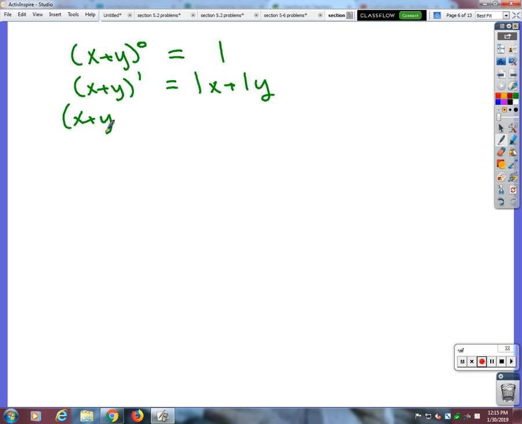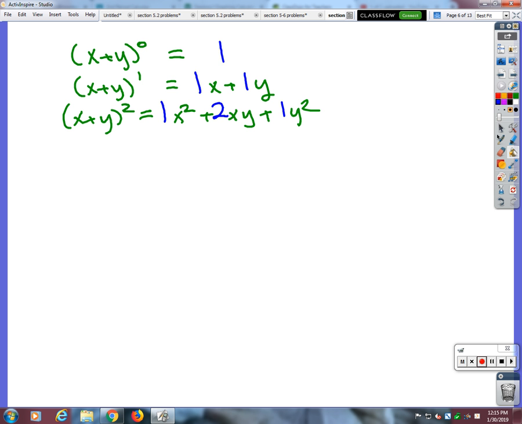Okay? If I asked you what x plus y squared is, what would you say? This turns out to be 1x squared plus 2xy plus 1y squared. Do you hopefully recognize these numbers?